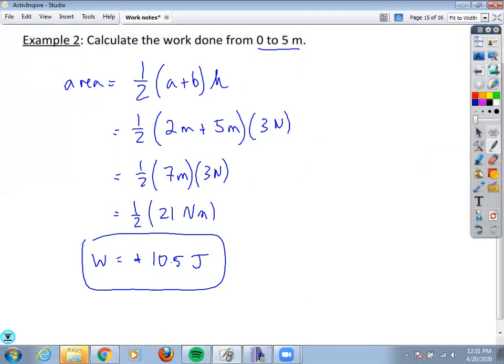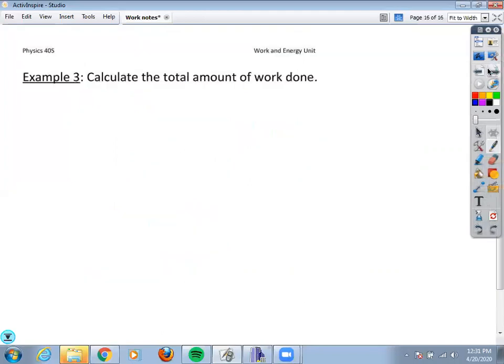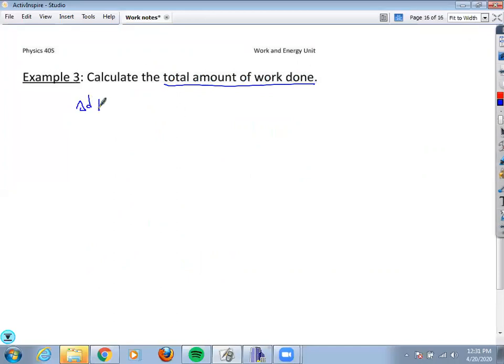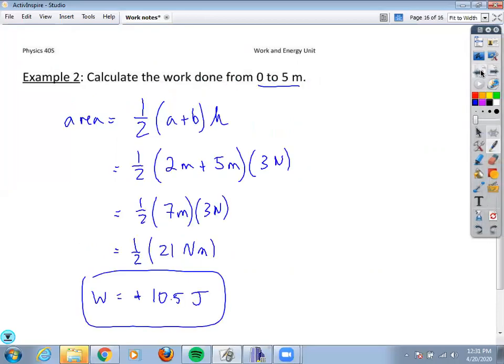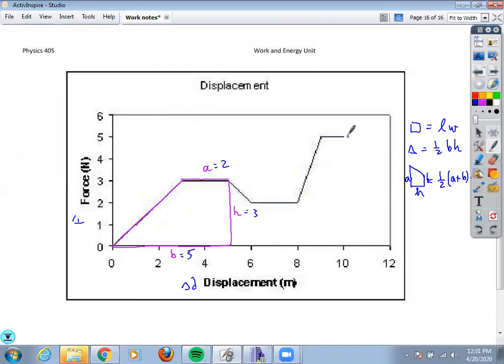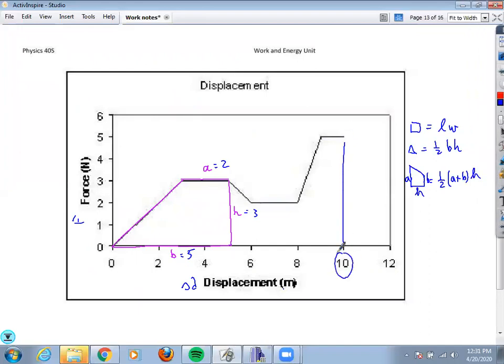from 0 to 5 meters using the information from the graph. We can put it all together in example 3 and find the total amount of work done. So the delta D total would go from 0, I believe it's, to 10 meters. So essentially what we'll have to do is divide this into workable shapes.